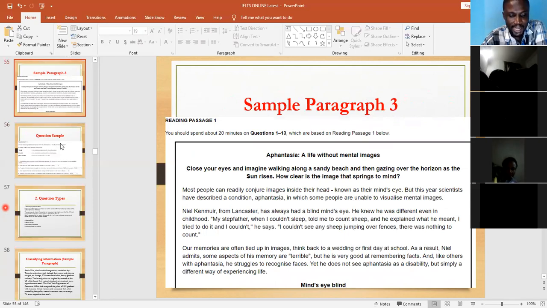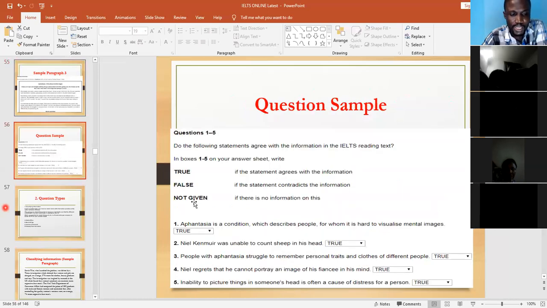You need to compare all the keywords and determine if the statement exists in the passage, so your answer will either be true or false. So you need to check all the keywords: aphantasia, condition, describe people, hard to visualize mental image.